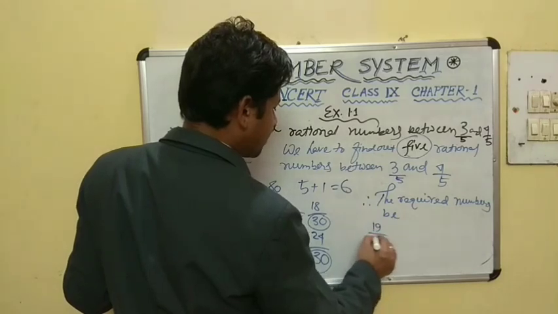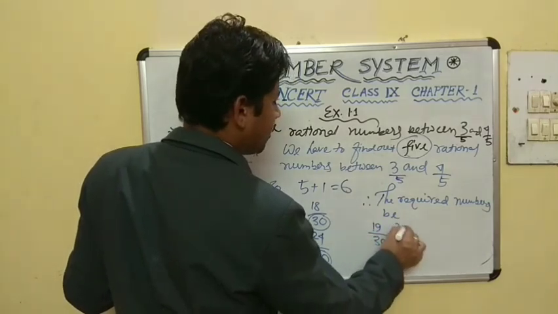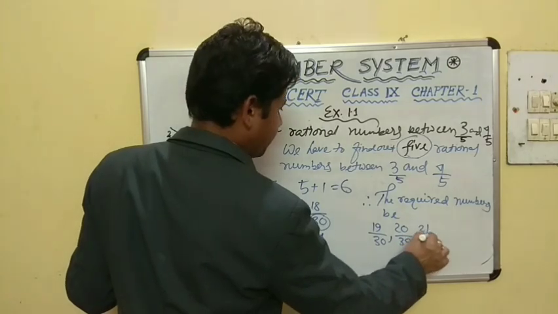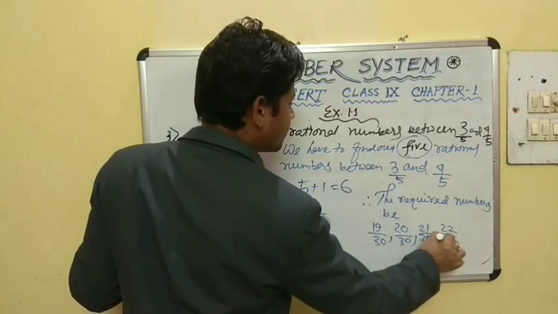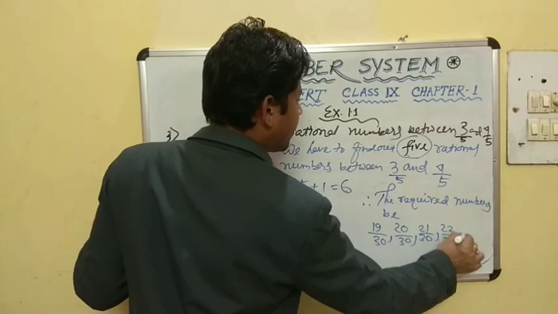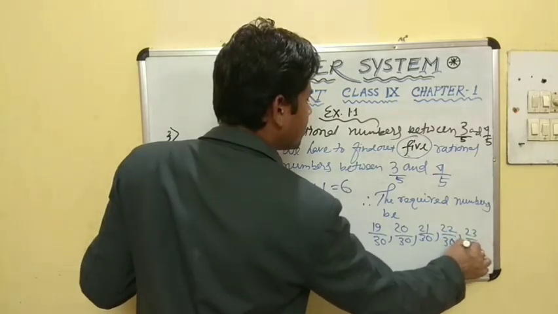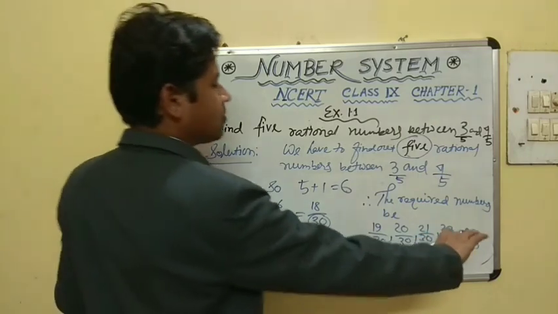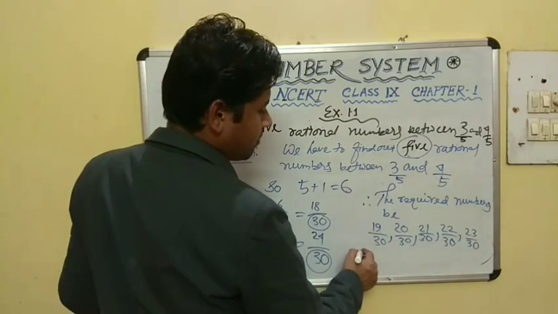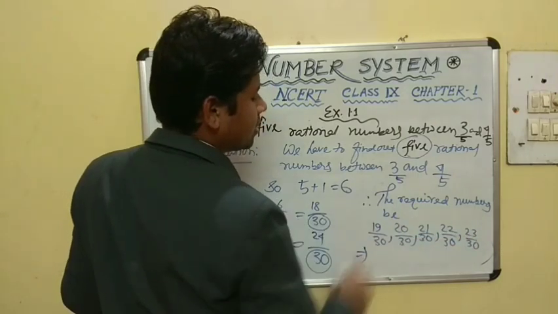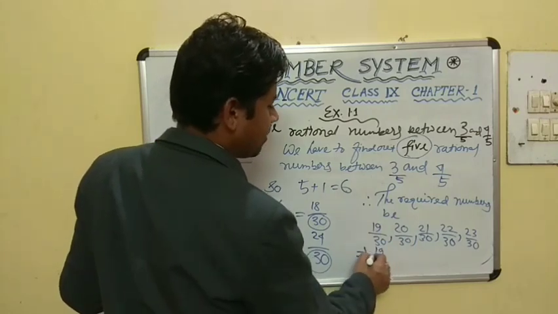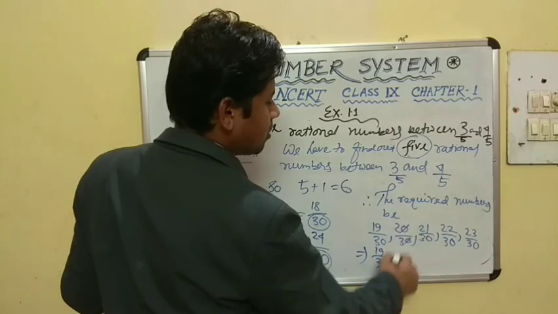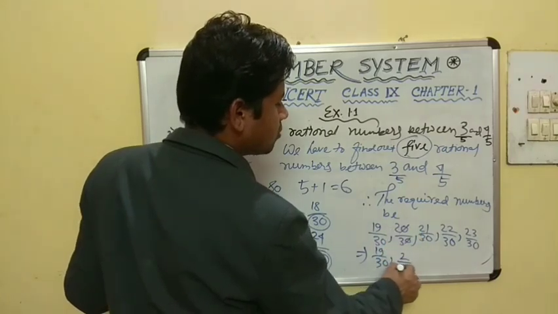19 upon 30, 20 upon 30, 21 upon 30, 22 upon 30, 23 upon 30, as 24 is the last one. So there are 5 rational numbers you can write. But here we have to make them into the simplest form also. 19 upon 30 we can't reduce, but here the 0s will cancel out, so 2 by 3 will be there.